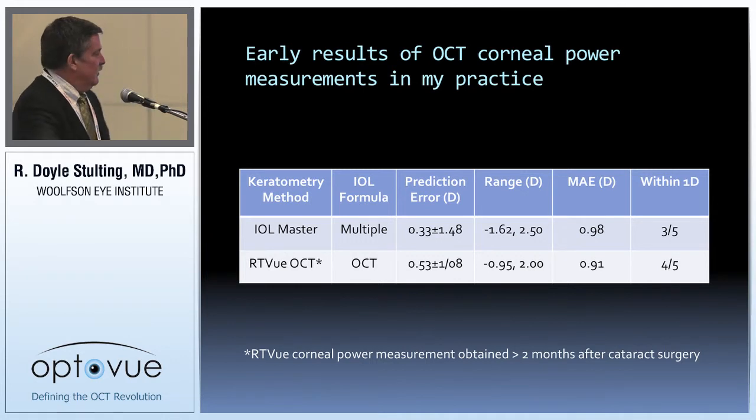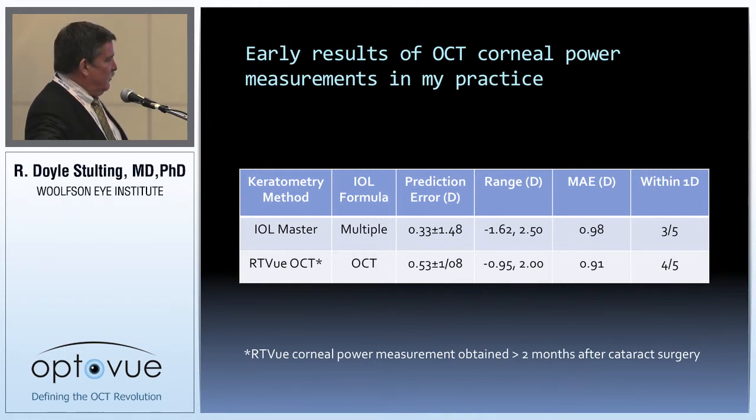And so here are the comparisons, the mean absolute error with our methodology of doing it at 0.98, and here it is with our initial 5 cases with the OCT, 0.91. This represents about 30 minutes of work for each patient. This represents about 2 minutes of work for each patient.